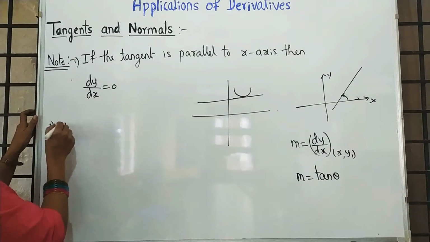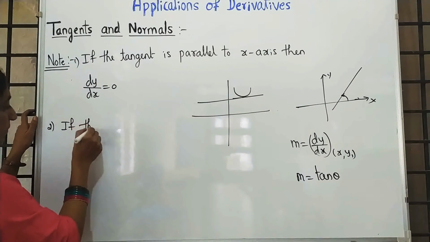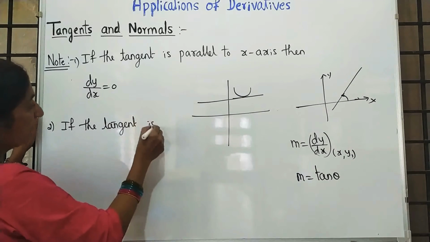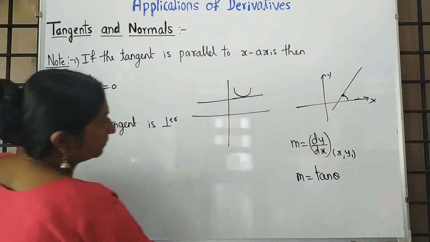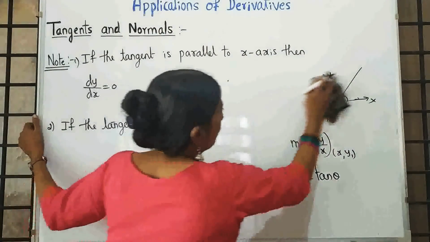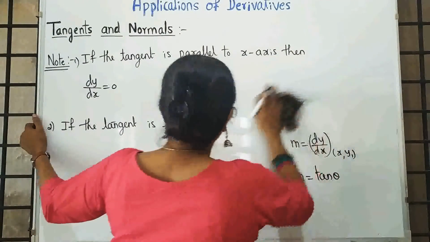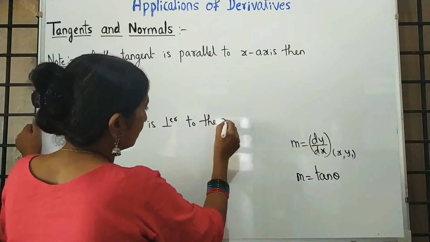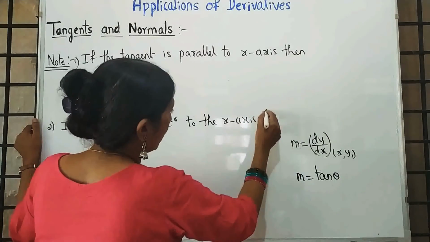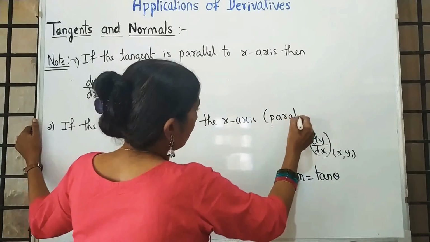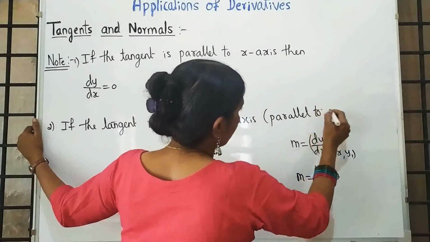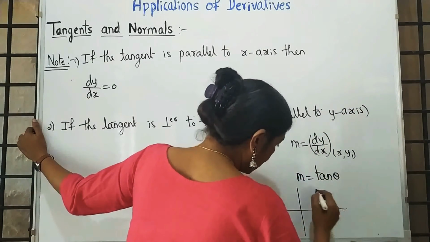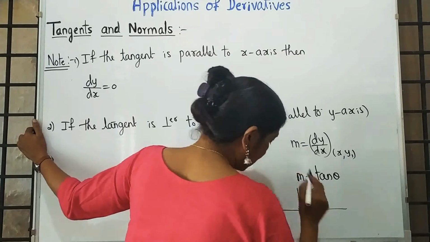Second one, if the tangent is perpendicular to the x-axis, or you can say parallel to y-axis. See, this is a curve, and the tangent is like this line.